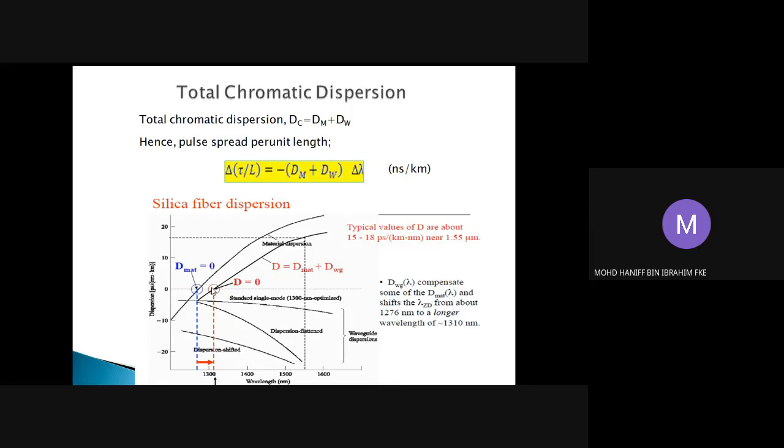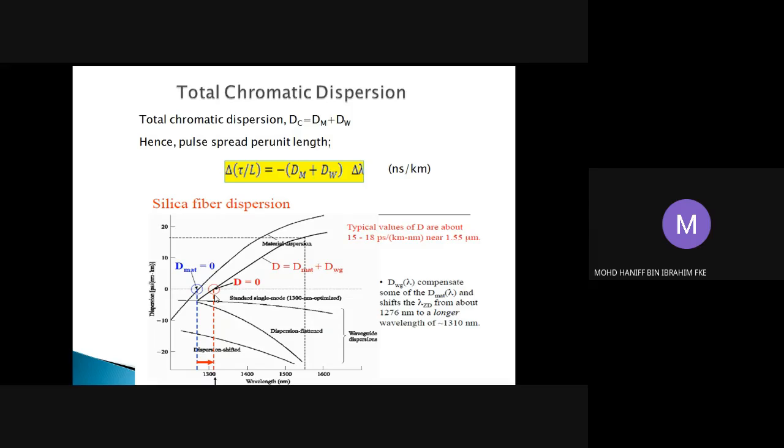That's why, in terms of commercial application, we have used 1310 nanometer as the wavelength for optical communication, due to this effect. Because at 1310 nanometer, the chromatic dispersion value is 0. That's why we have been working previously at 1310 nanometer wavelength of operation.